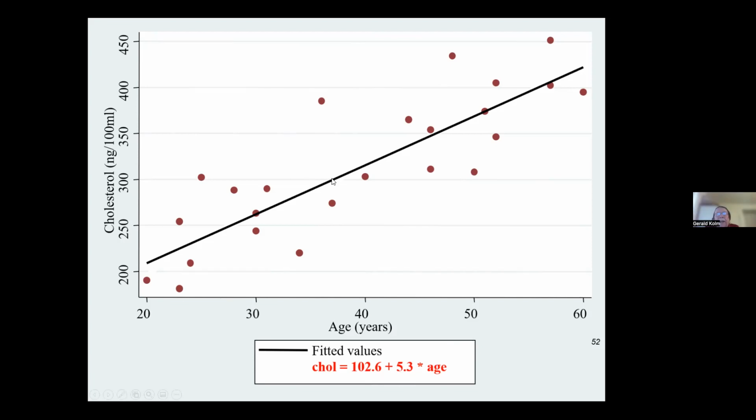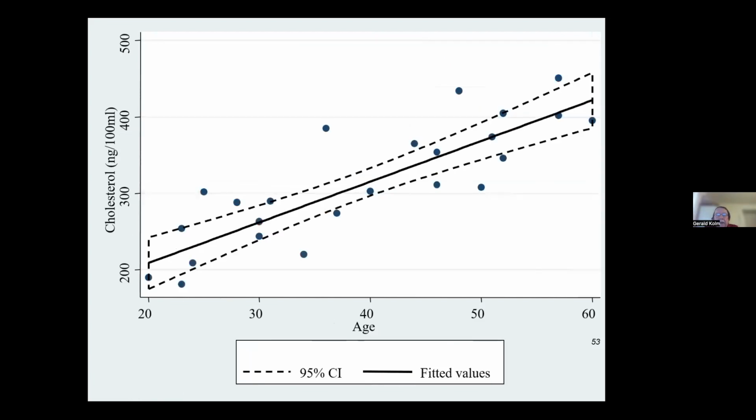Okay. And then, of course, we can compute a confidence interval for our regression line because there's variability there. And so this would be the 95% confidence interval of our regression line. And you can see that what happens here is that in regression, the upper and lower bounds are not straight lines across the entire range of age here.